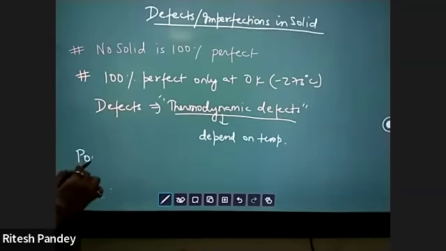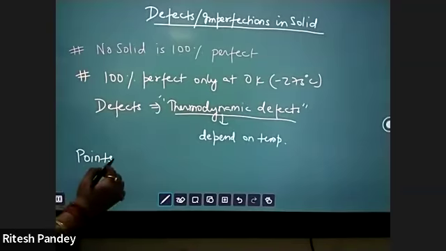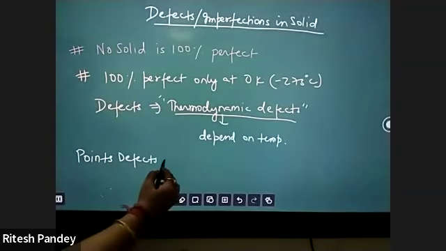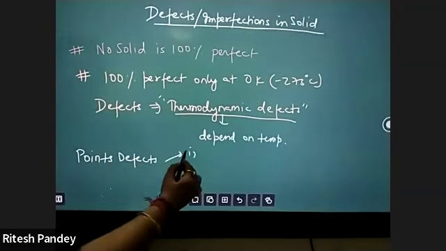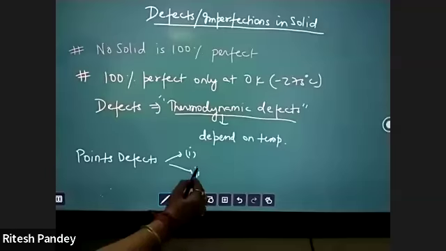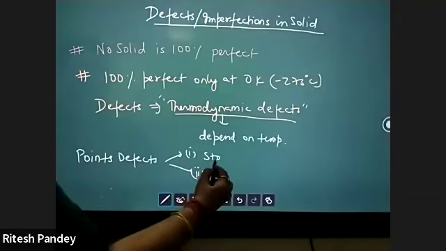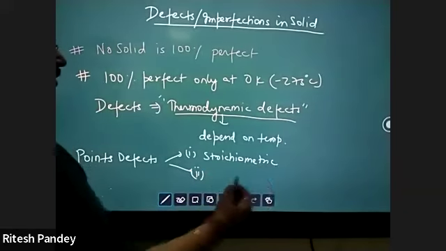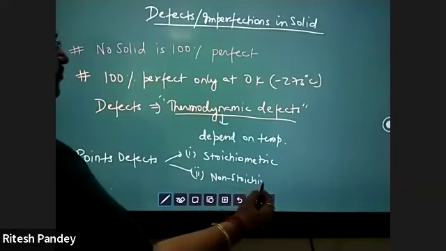So lattice points, the atoms and their relative positions, are called lattice points. So point or atomic imperfections are broadly going to be of three types. Two prominent ones are called stoichiometric and non-stoichiometric defects.